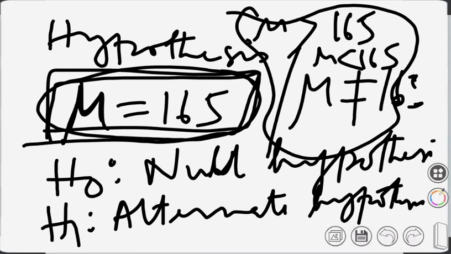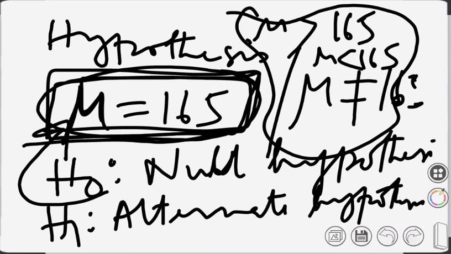Again, please understand that in the null hypothesis we are trying to suggest a particular value, and it is highly improbable that this particular value is correct for a population characteristic. So that is why we generally try to reject the null hypothesis by the test and accept the alternate hypothesis.